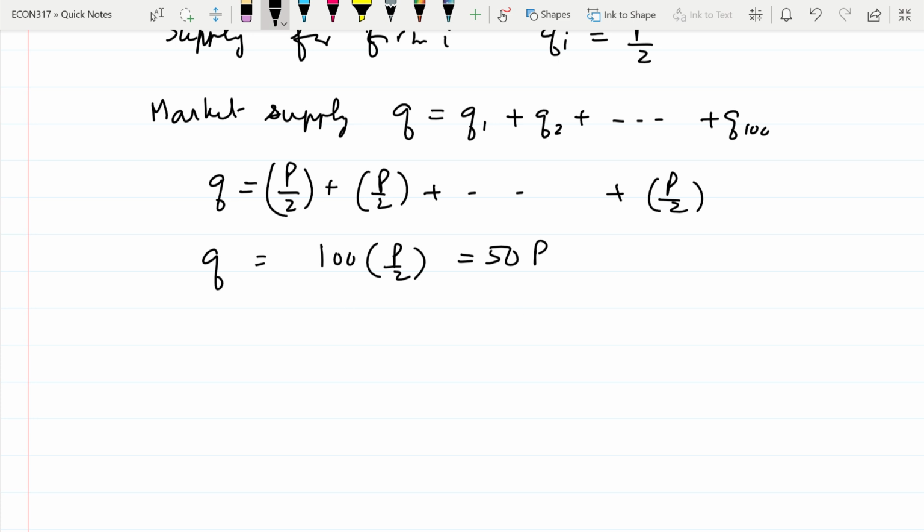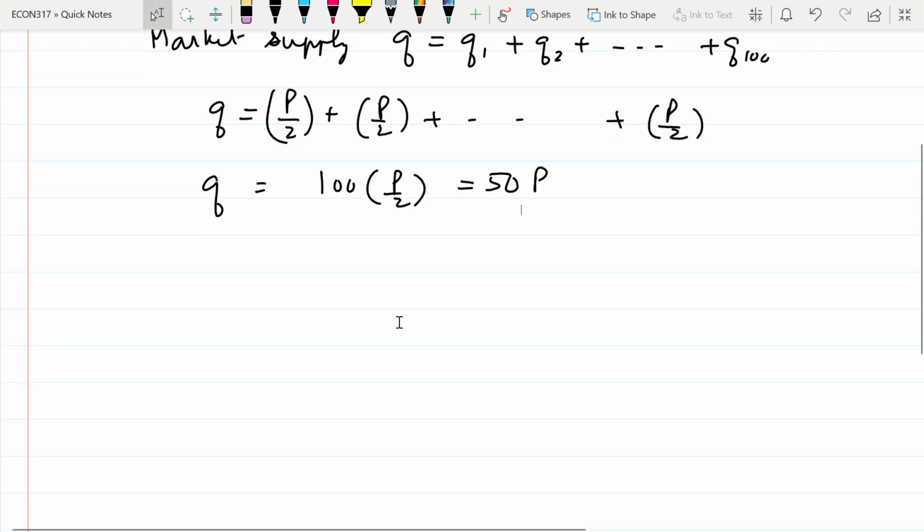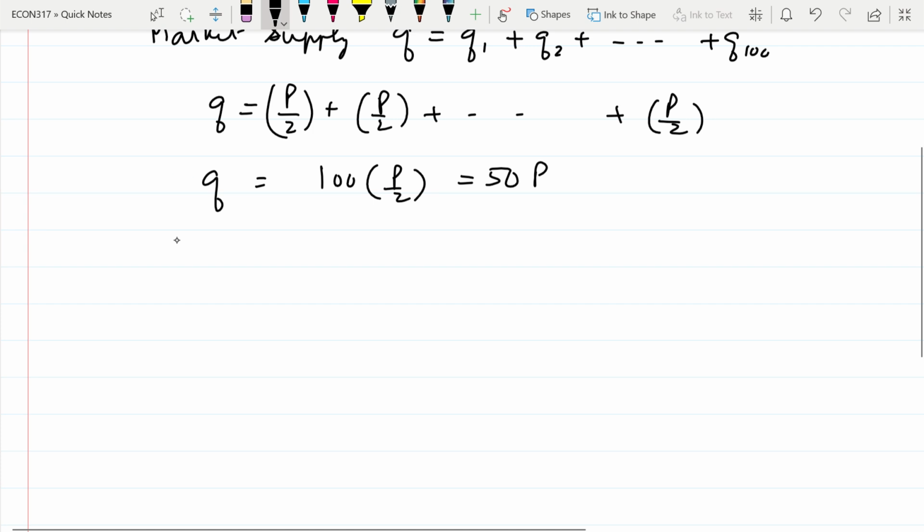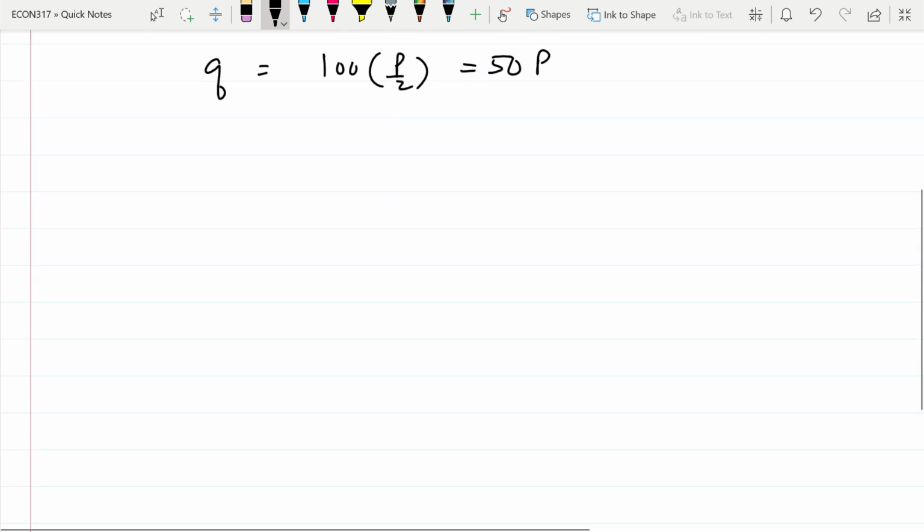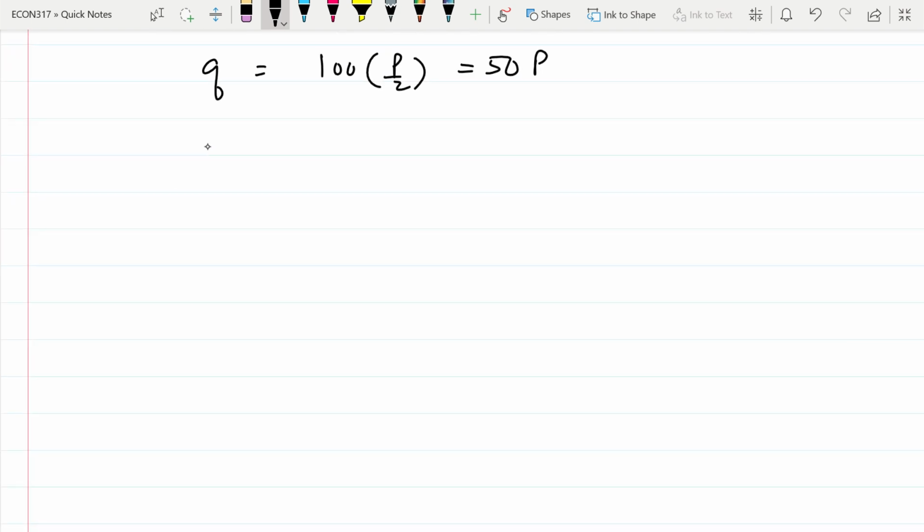We want to draw the graph where we will be drawing the inverse market supply. So let me write down the inverse market supply, which I will obtain by dividing both sides by 50.